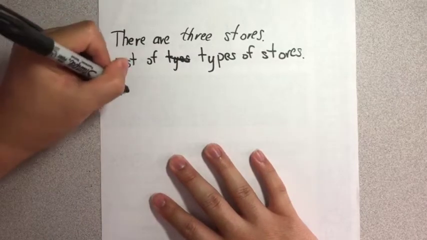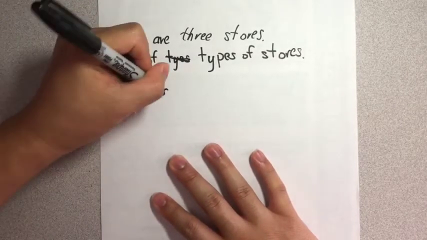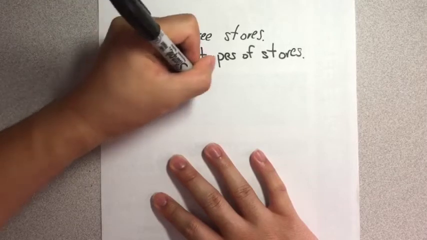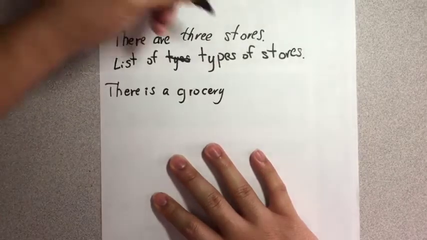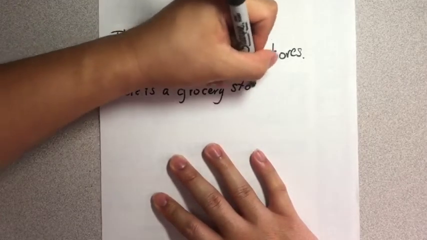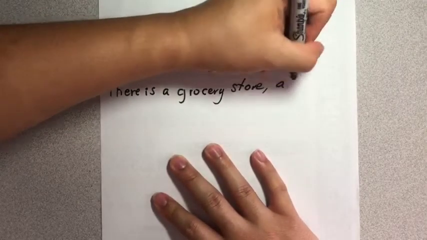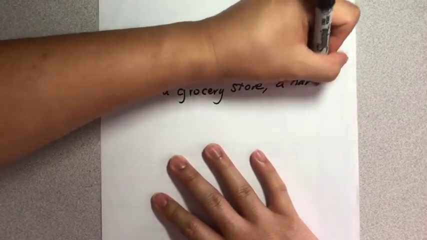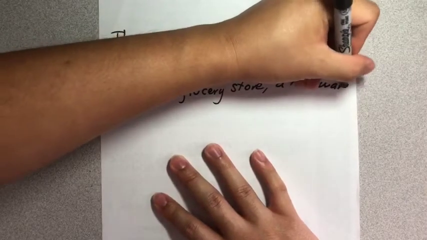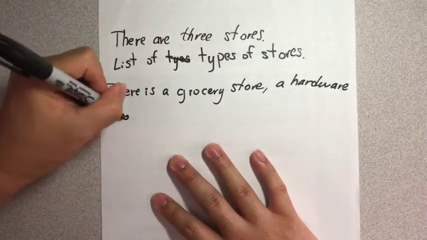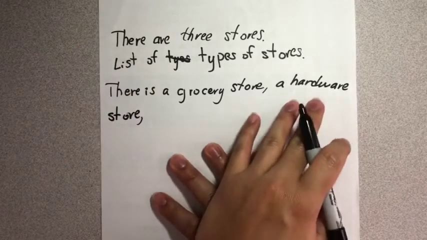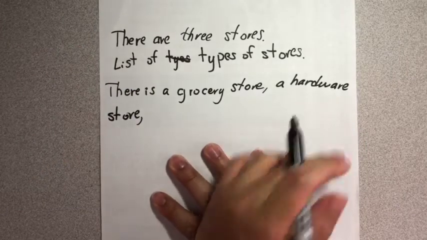So, there are 3 stores. There is a grocery store, a hardware store. A hardware store is a store that sells tools.